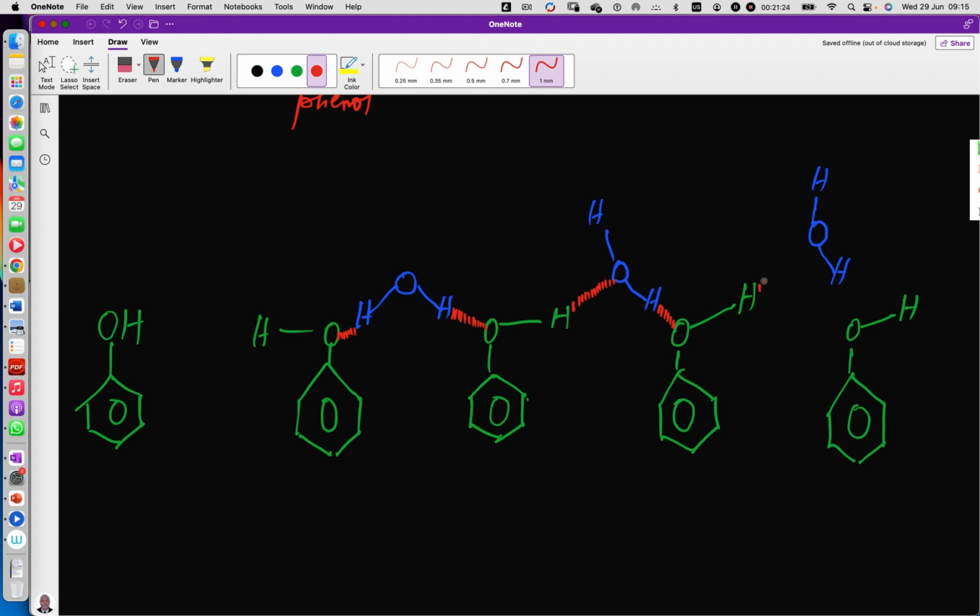You see how the hydrogen bonds are being formed between the lone pair of electrons on the oxygen and the hydrogen.